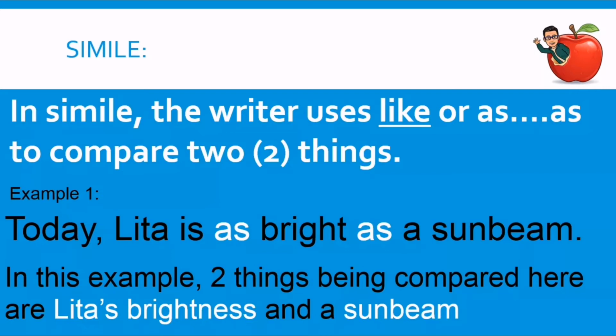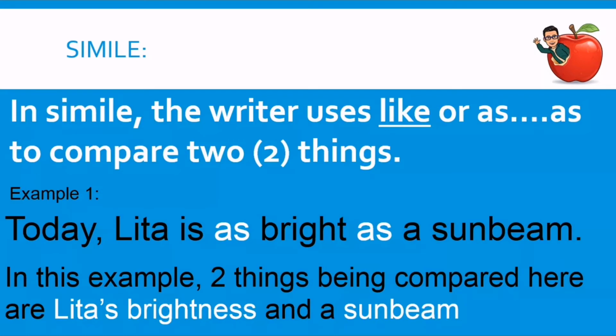Example, today, Lita is as bright as a sunbeam. So, unsa man dani ang duha ka things na gi-compare? In this example, two things being compared here, ang Lita's brightness and a sunbeam. So, unsay word na gigamit niya pag-compare?